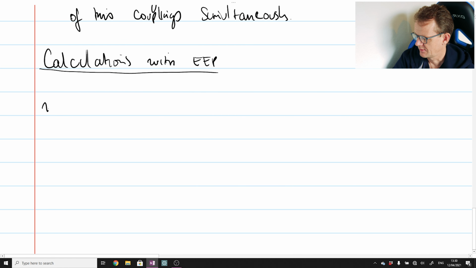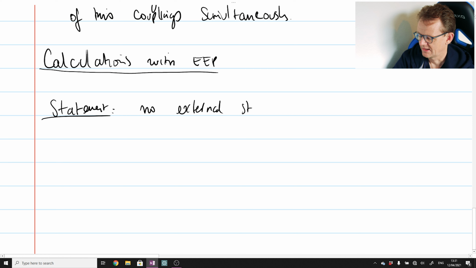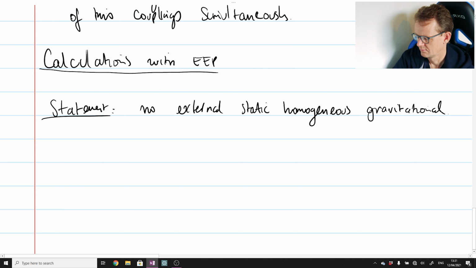Okay, let's take aim at the following statement. So the statement is, no external static homogeneous gravitational field can be detected in a freely falling reference frame.